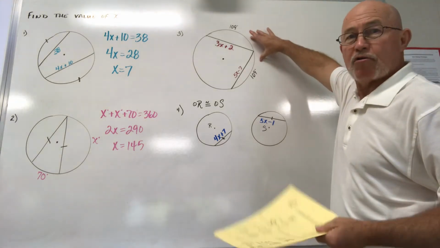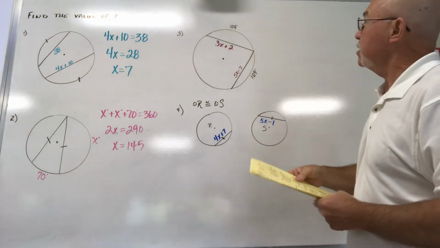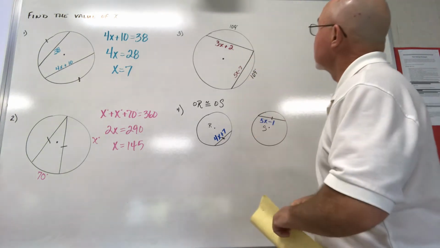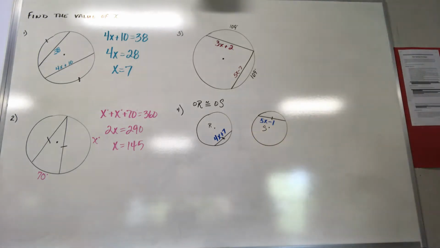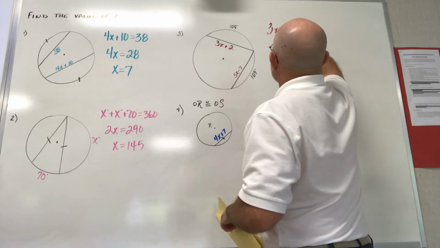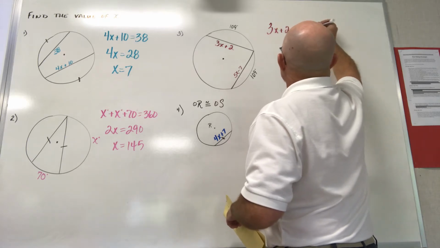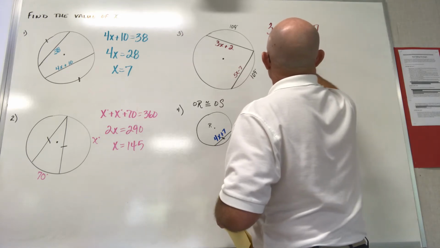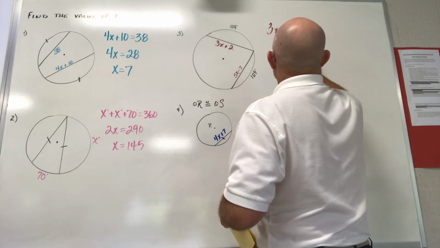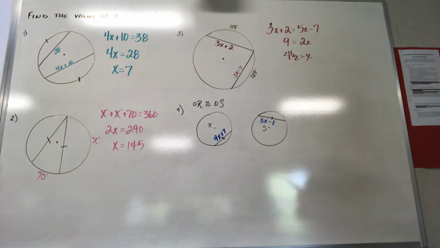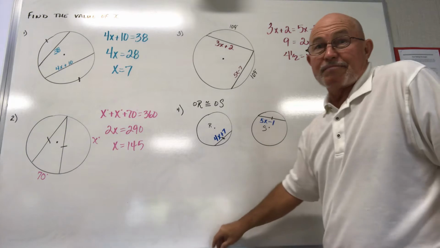Well, if those arcs are the same measure, 109, 109, that tells me that these two chords are the same length. That's about all we're dealing with.